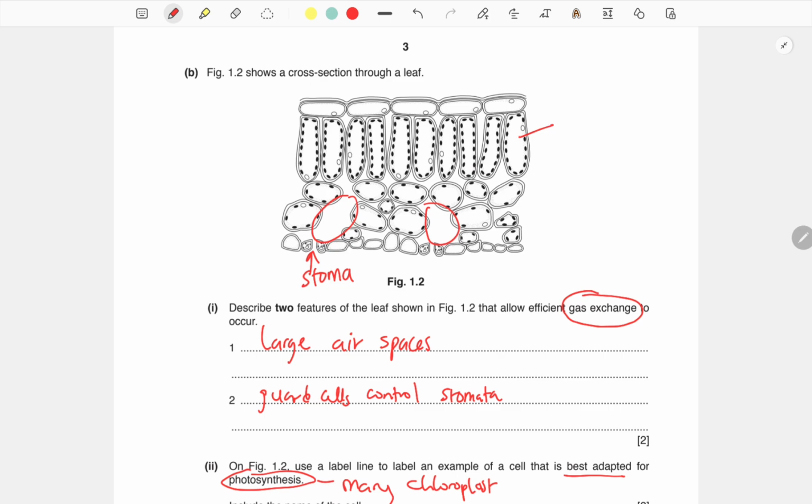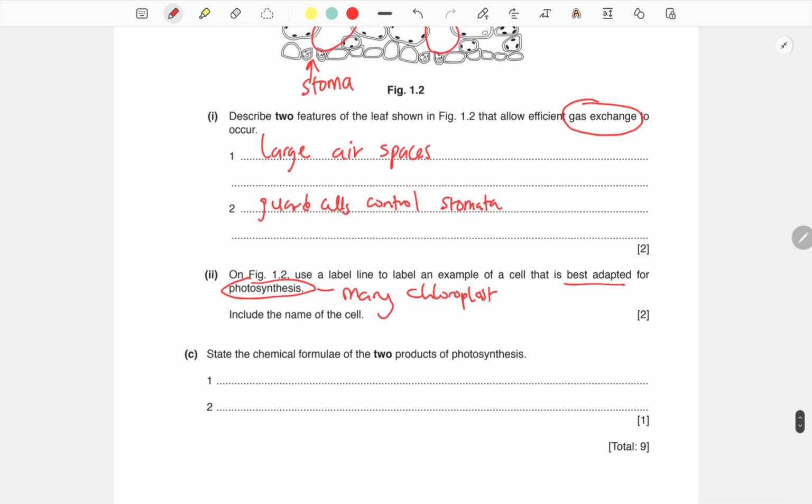So this is the cell, or the palisade cell, best adapted for photosynthesis. And the last question asks you to state the chemical formulae of the products of photosynthesis. Of course, we know photosynthesis makes carbohydrates and oxygen. So the carbohydrate is glucose, C6H12O6, and oxygen gas is the other chemical form.